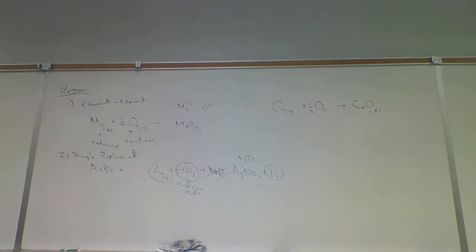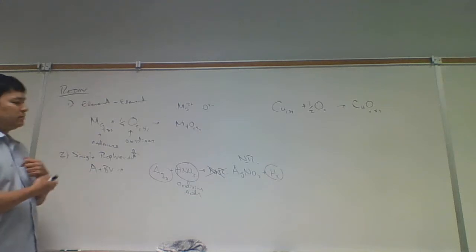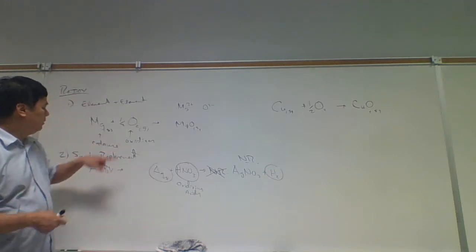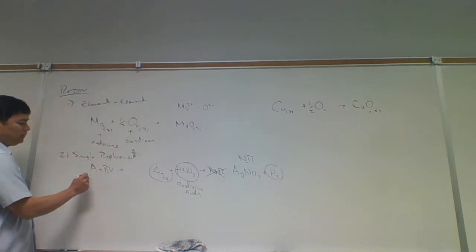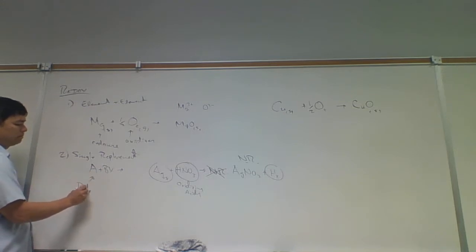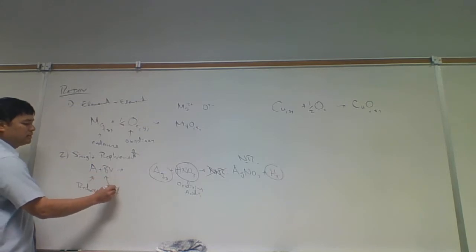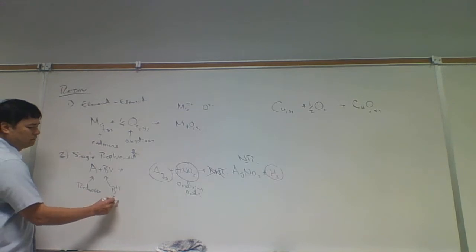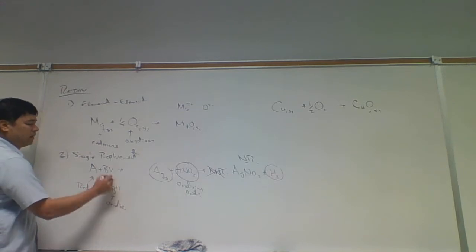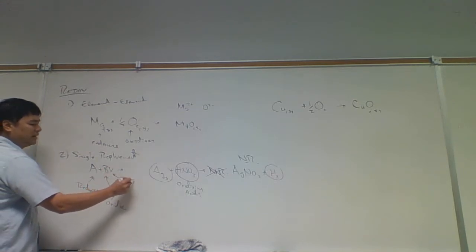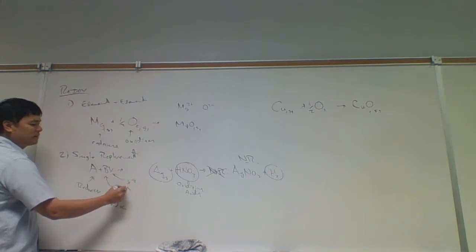Well, in a single replacement form, A is the reducer. B plus Z is the oxidizer. X minus Z is the spectator.